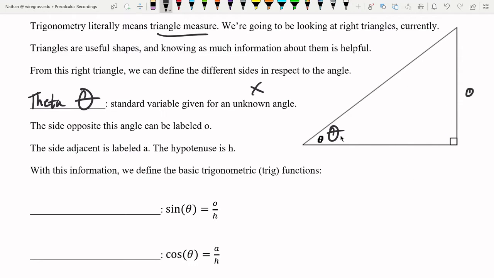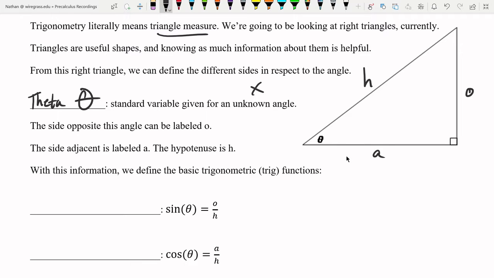The side next to it is labeled A. You don't label this side A because this side is opposite the 90-degree angle, and that is always the hypotenuse. So it's the side adjacent to the angle that's not the hypotenuse that's labeled A. So we have theta, the side opposite, the side adjacent, and the hypotenuse.